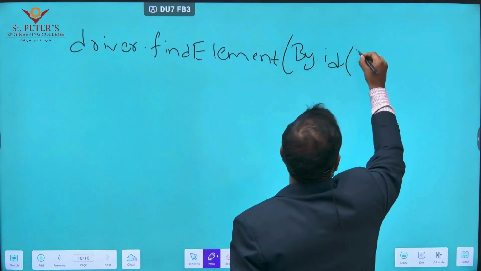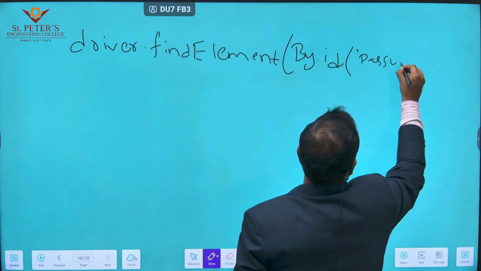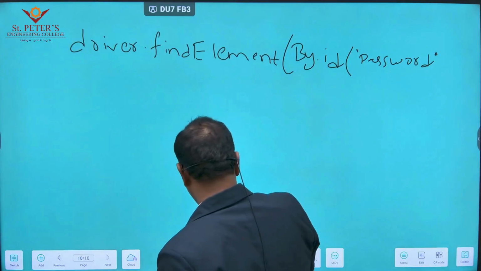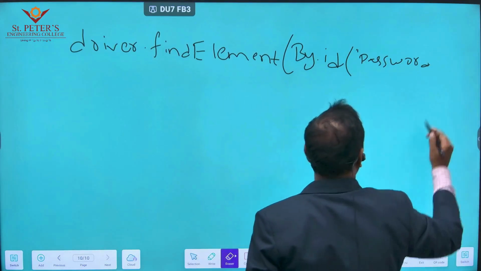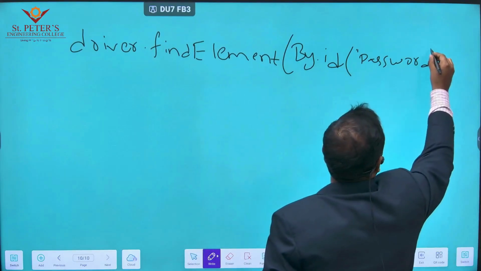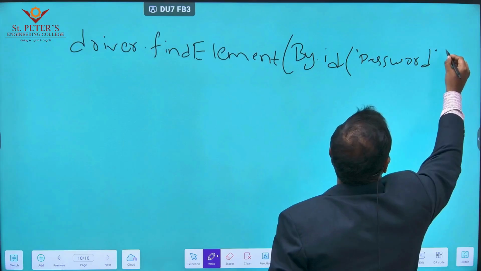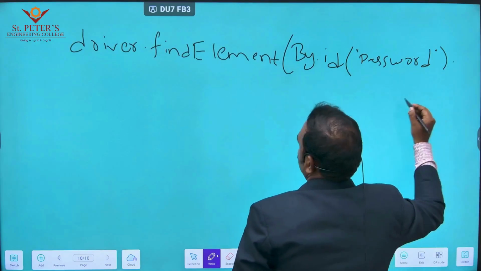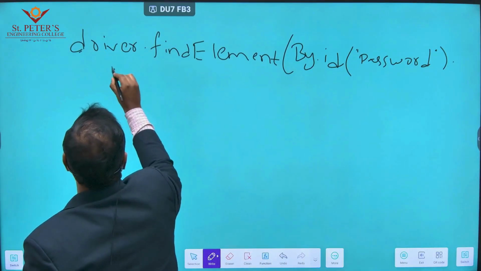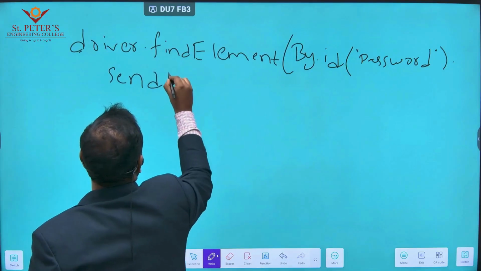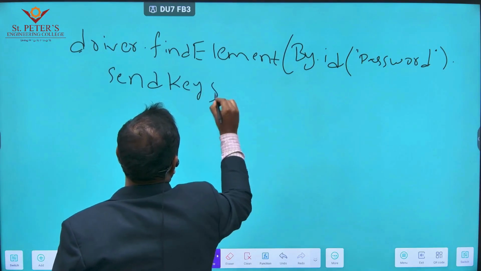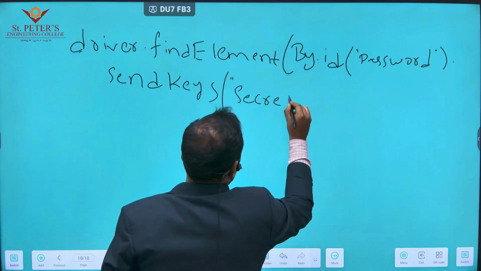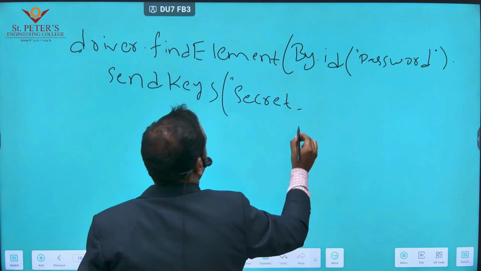Here I am declaring password, dot send keys, and what I am declaring here is secret sauce.